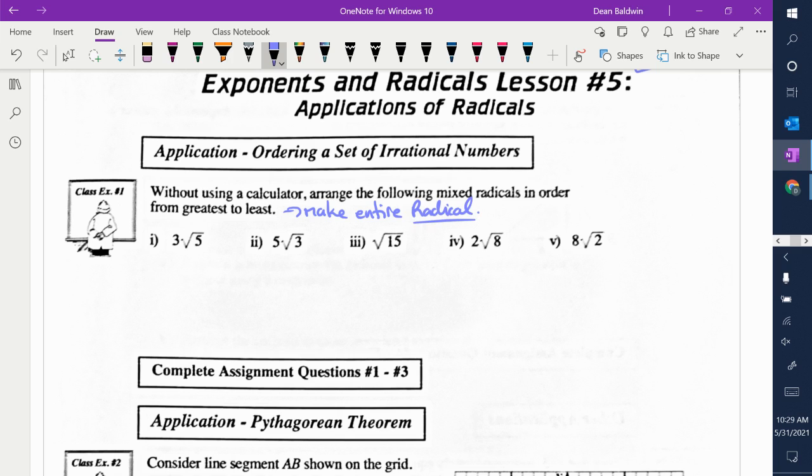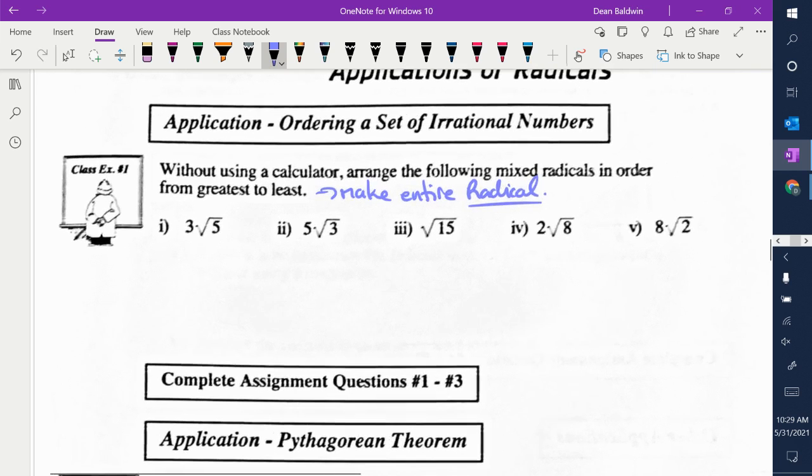So for the first one, I've got to put 2 3's underneath. So it's going to be 3 times 5, which is 45.